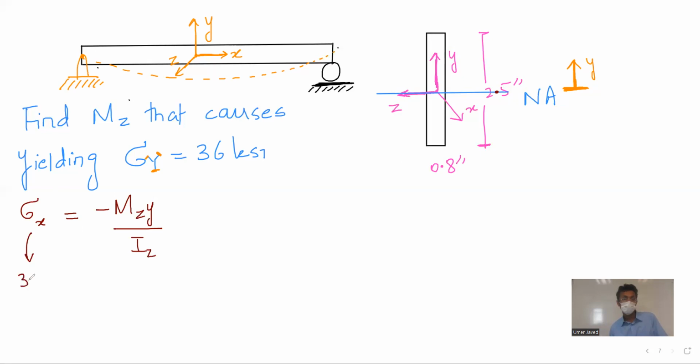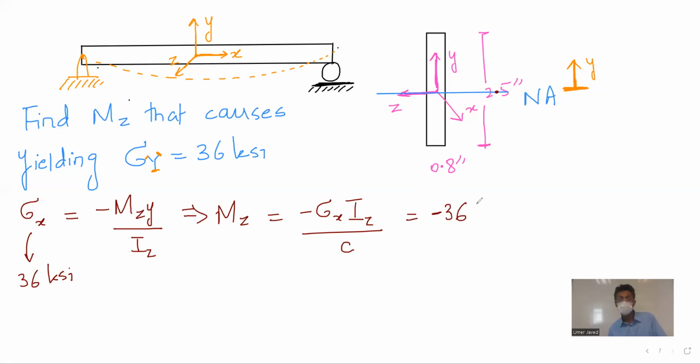This is 36 kilo pound per square inch, equal to MZ is equal to negative stress X, IZ divided by C, which is equal to negative 36 kilo pound per square inch.